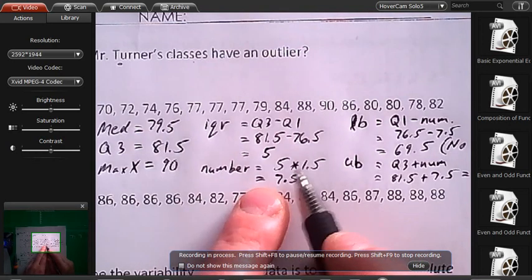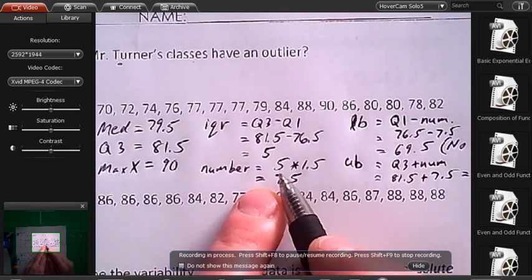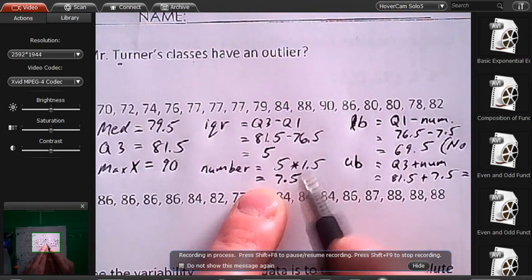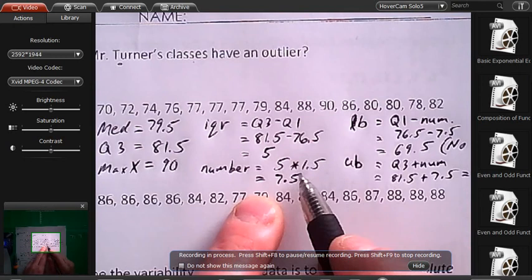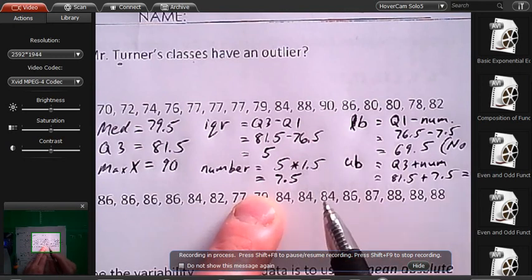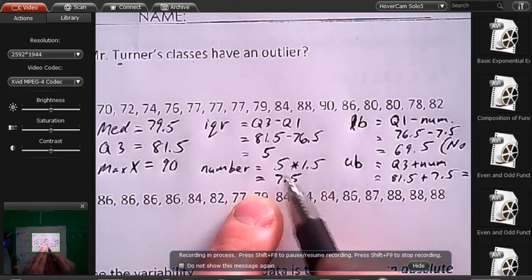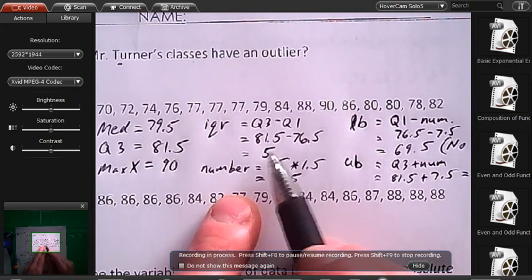The IQR times 1.5. You always use 1.5, as we saw on our worksheet yesterday. 5 times 1.5 is 7.5. So that's my special number. The 5 is the interquartile range, IQR, Q3 minus Q1. All right, so our upper boundary is 89.